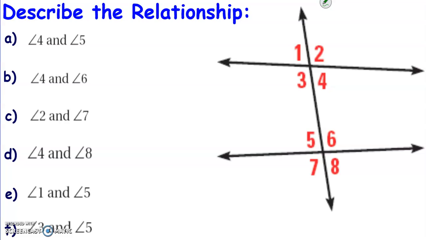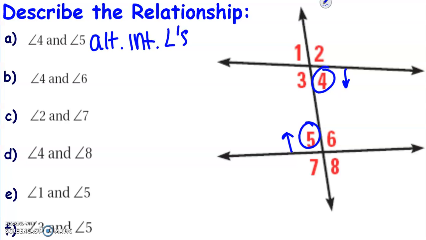So one more example, describe the relationship, angle 4 and angle 5. So here's angle 4 and angle 5. These are on the inside and they're on the opposite sides of the transversal. So we call these alternate interior angles.